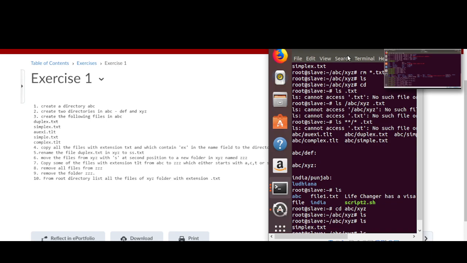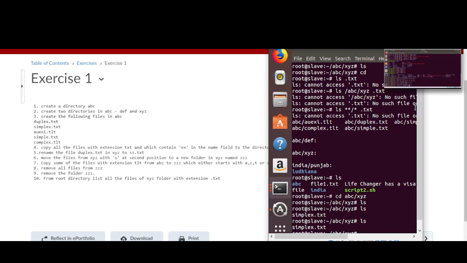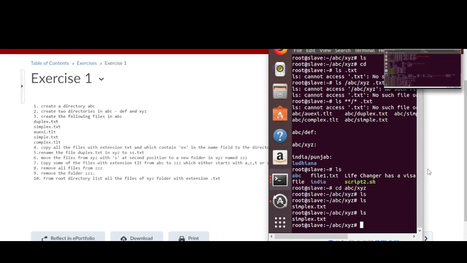Now go to where you have cp -r. I want this command. Up arrow key. No, just down arrow key.